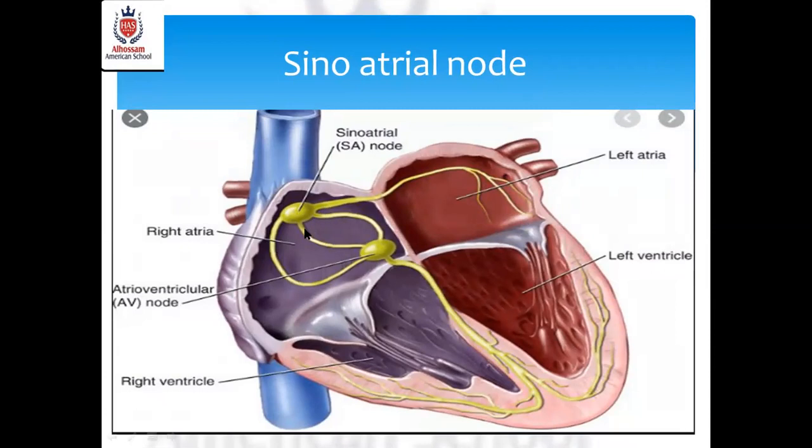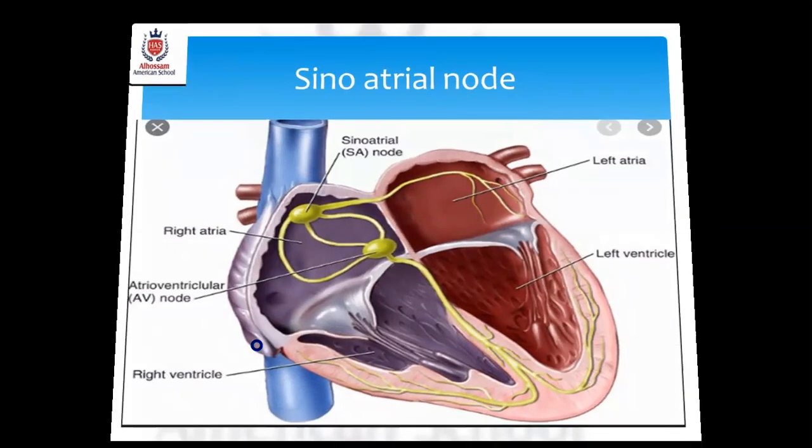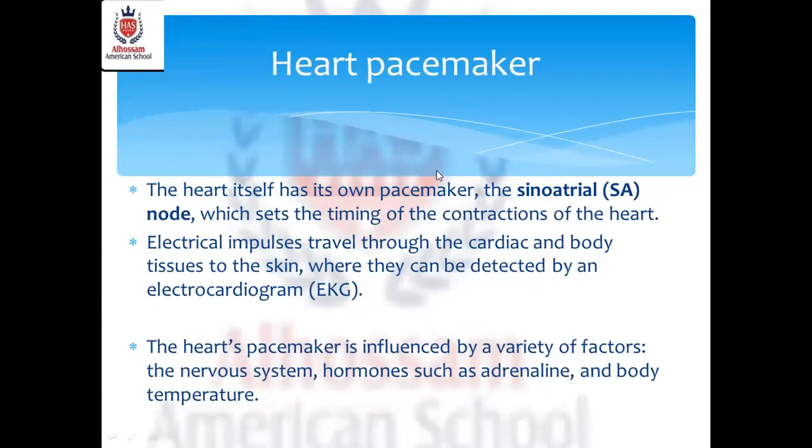It sends signals in a regular pattern throughout all parts of the heart, so it helps the heart to contract in an arranged way in order to pump the blood throughout its parts in a good pattern. So the SA node is considered the pacemaker of the heart.